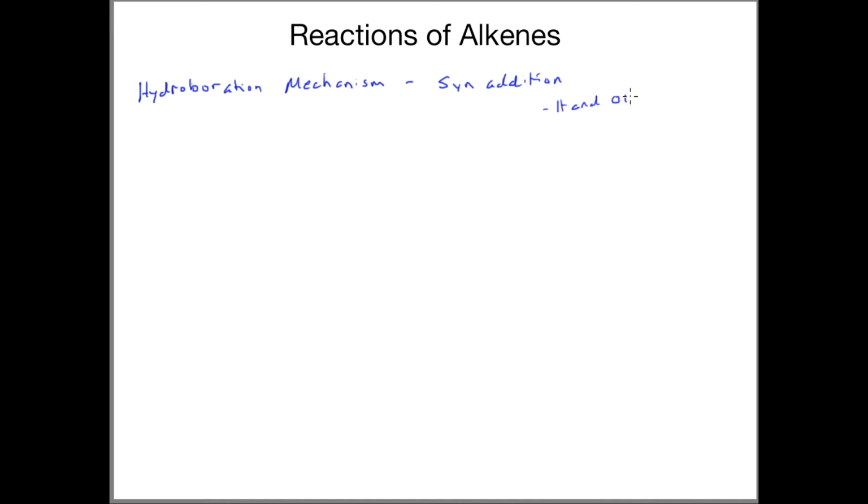So we're going to get syn addition. In other words, the H and the OH are going to add to the same face of our double bond. They add at the same sort of face on either side. Remember, the double bond is planar, right? So they're both coming from the same side. So it's easier to look at with a ring.